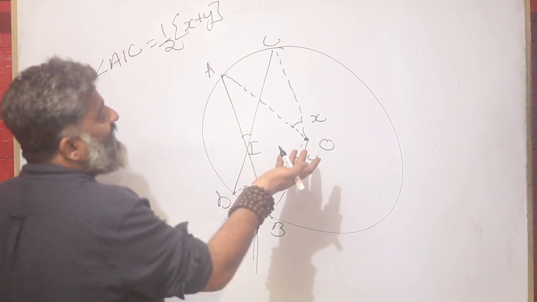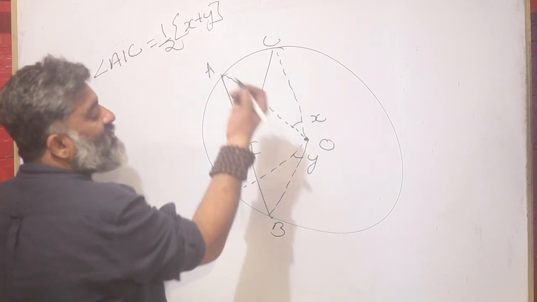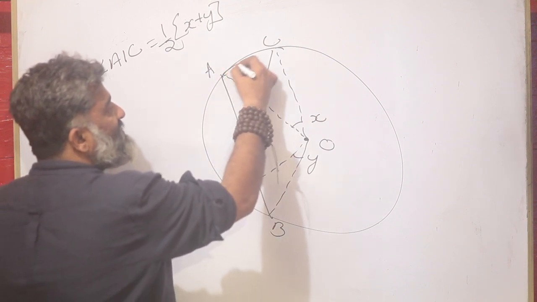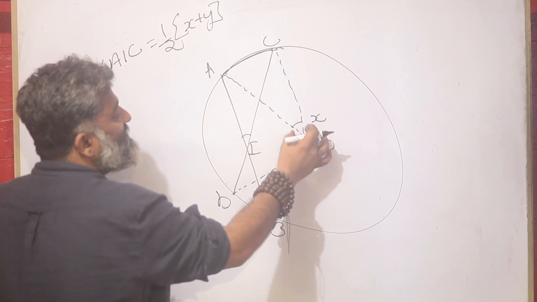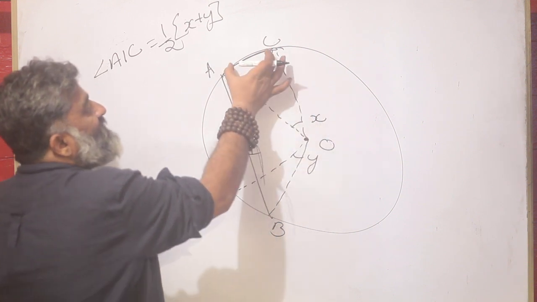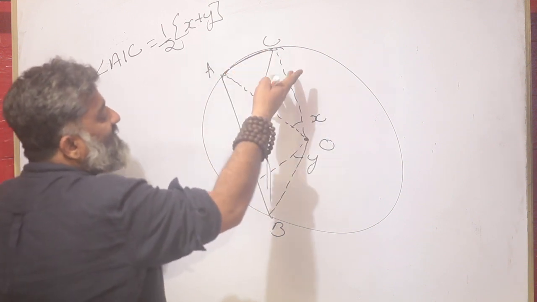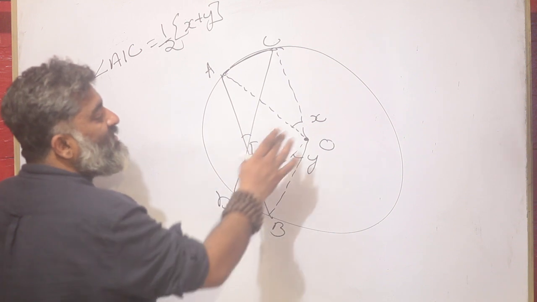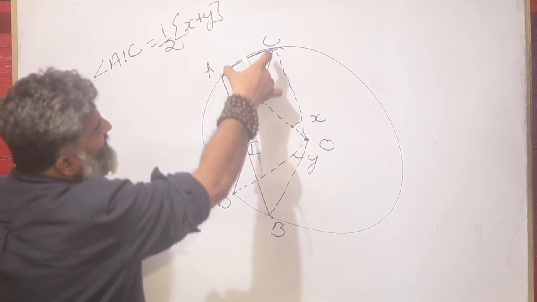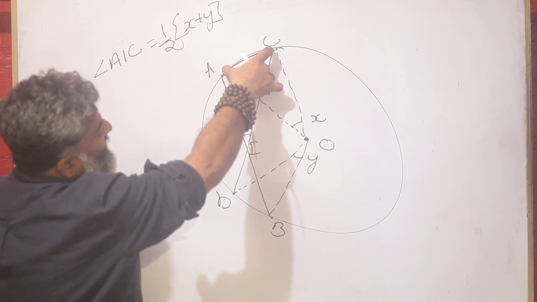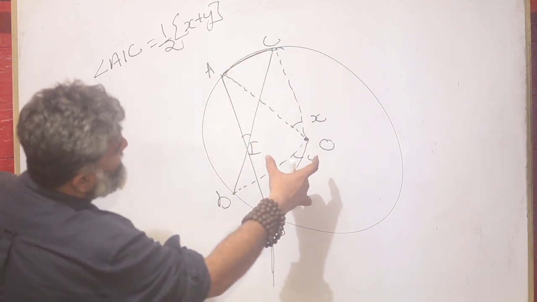So let me think of the ideas now. I already have a very big clue in terms of the previous theorem that is being used. This angle created by this segment at the center is X. Now if this segment creates any other angle on the circumference, it is going to be half of x. So that is my hint that I already have. So let me see, where is this segment creating an angle? I see it is not happening anywhere.